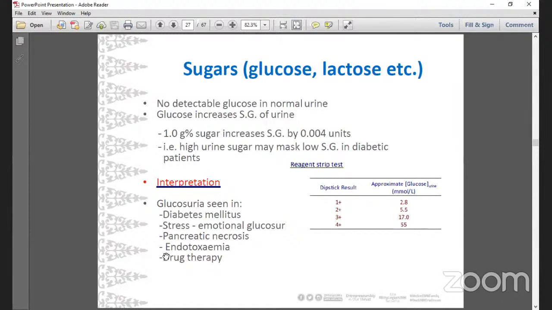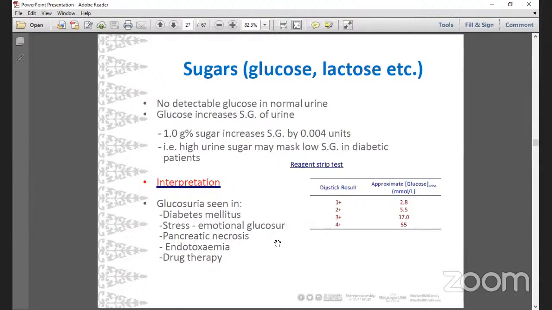That's why in the case of a diabetic patient, in diabetes mellitus animals, there will be a high specific gravity, because the sugar may mask a low specific gravity. So the presence of glucose in the urine is glucosuria.